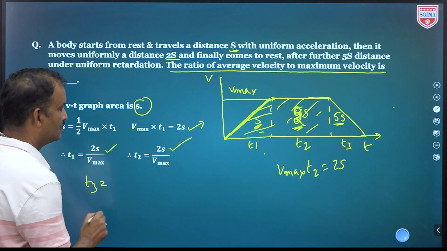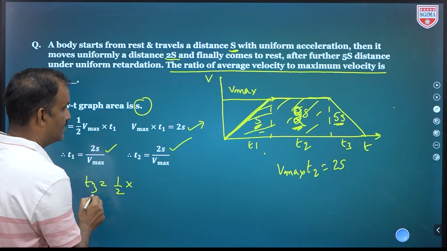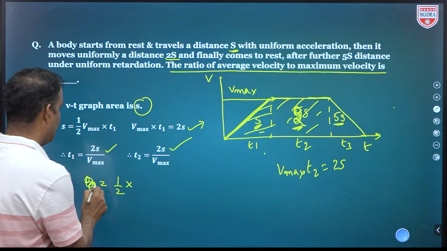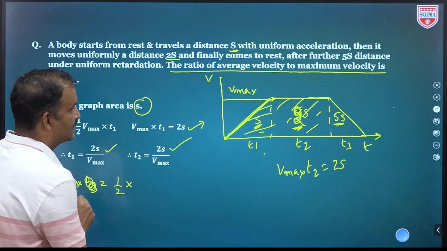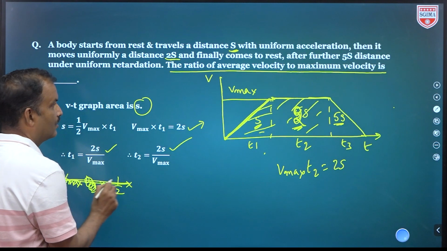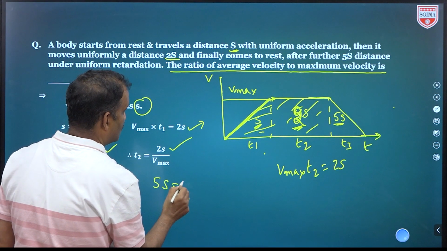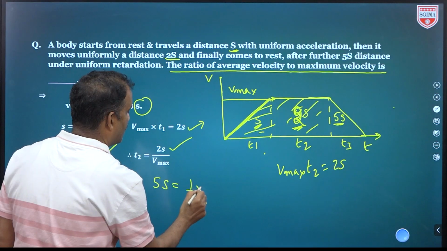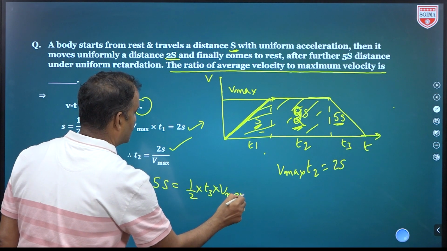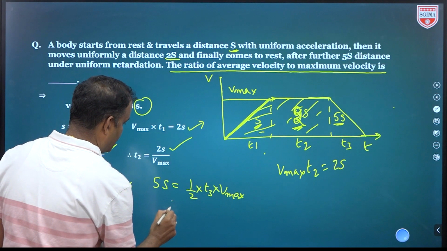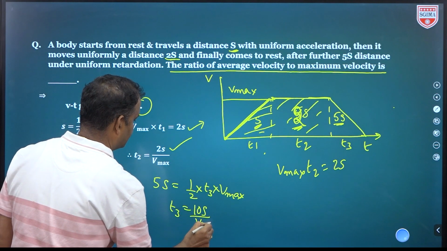How to find out that T3? This area is 5s, 5s is equal to half into base T3 into V maximum. So T3 is equal to 10s by V maximum.